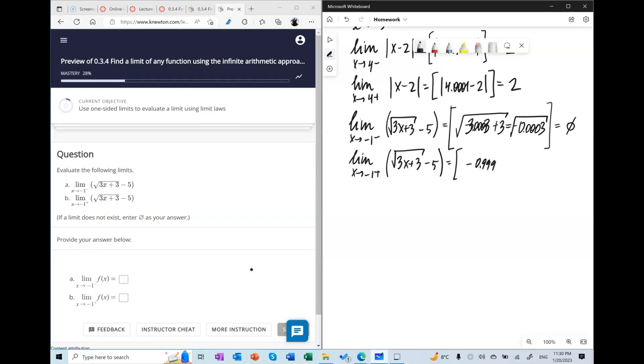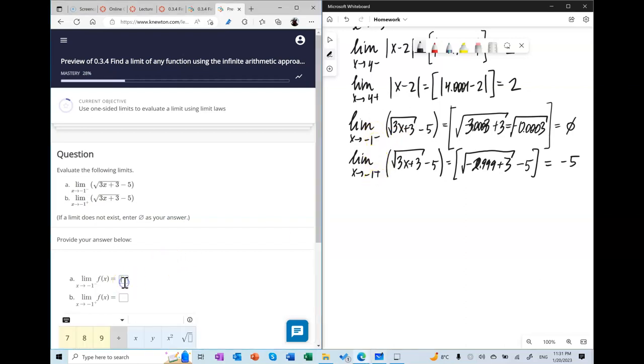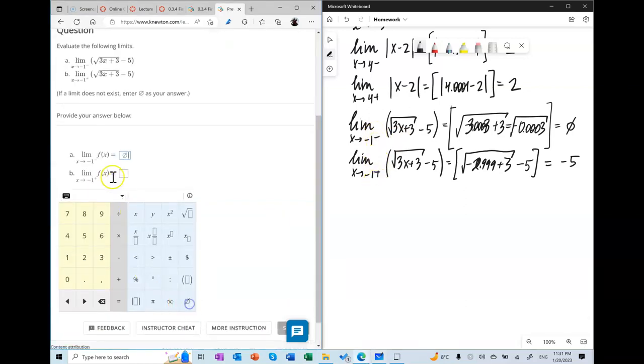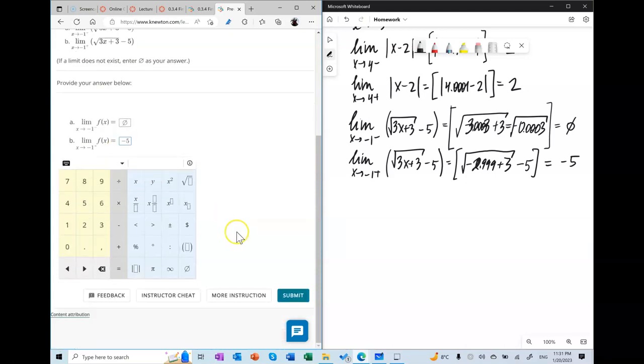When you multiply it by 3, you get -2.9999, plus 3, you get something that is slightly greater than 0. So when you take a square root of that, it's 0, and you subtract 5, you end up with -5. So that's the difference between the left-sided limit and the right-sided limit here. So the first one does not exist, and the second one is equal to -5.